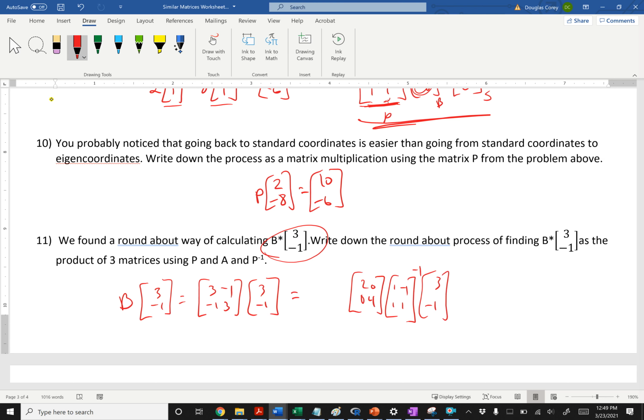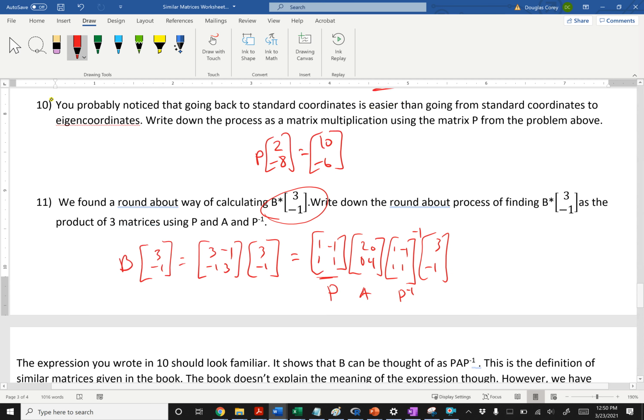After we did that multiplication, we scaled 2 in the first eigenvector direction, 4 in the second eigenvector direction. And then we converted it back to the standard basis with this. So this is P, this was our A, this is P inverse, and this is the vector we were using. The point is that B times (3, -1) is the same as all of that times (3, -1). So B is equal to P A P inverse.